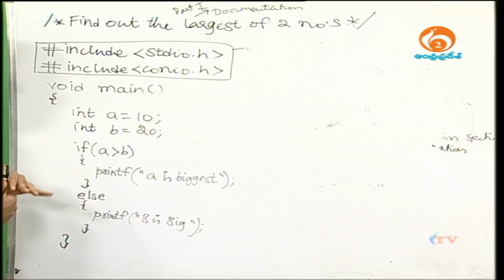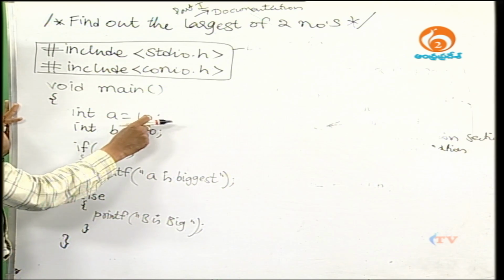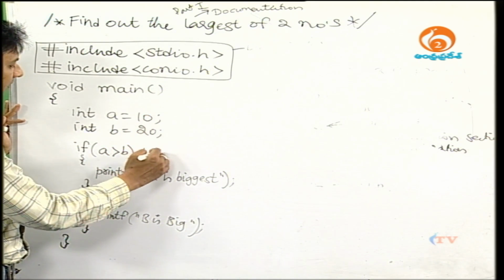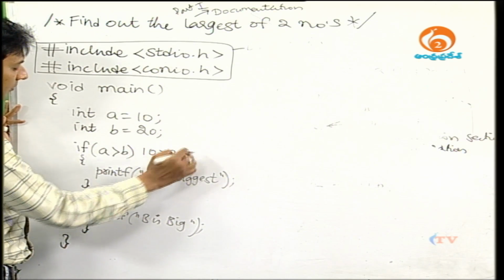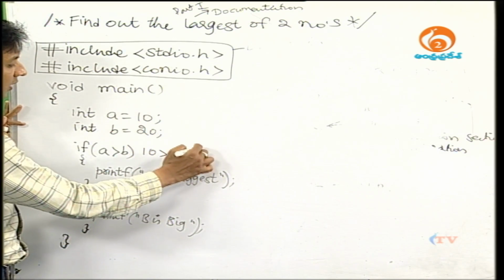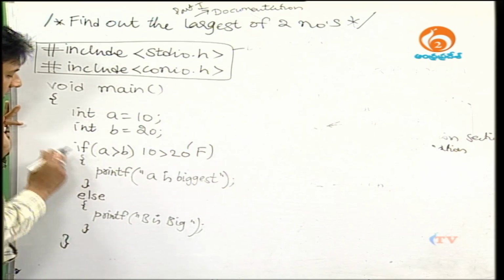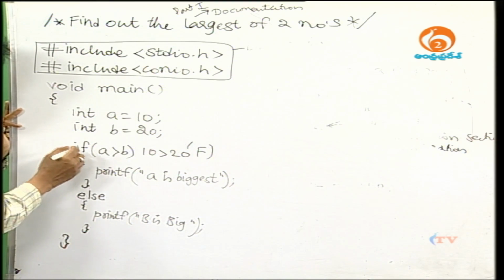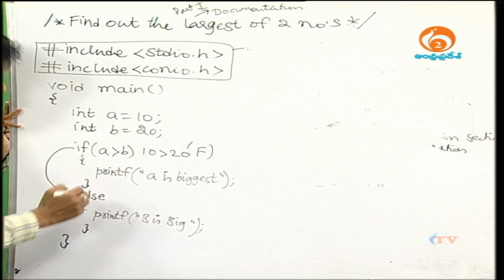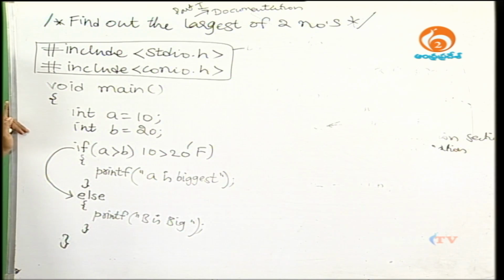Next, if A is greater than B, means 10 is greater than 20. Is it true or false? It is false. Whenever the condition becomes false, control comes out of the if block and the else part is executed.